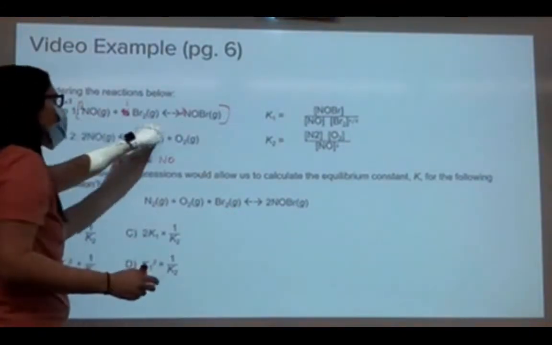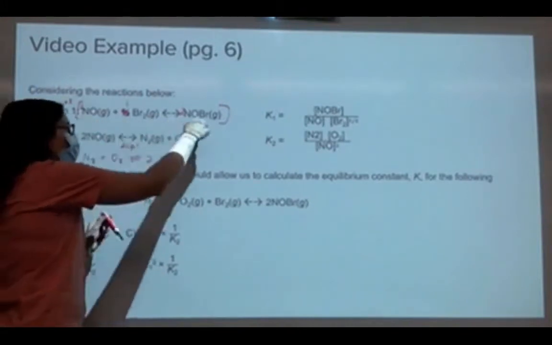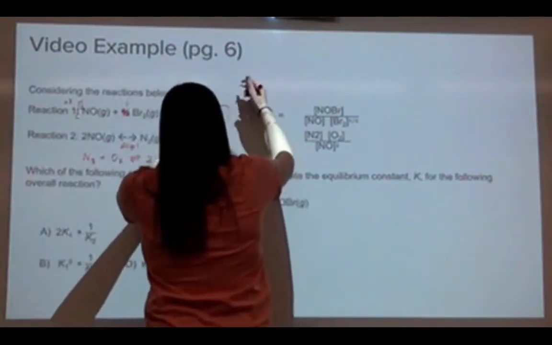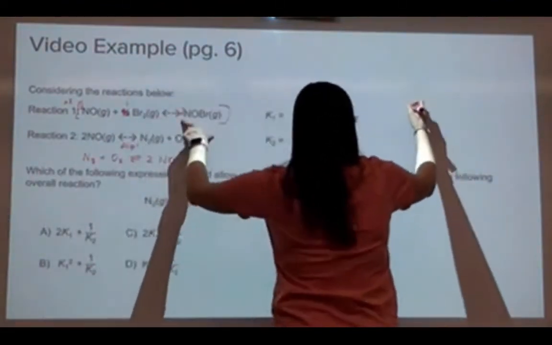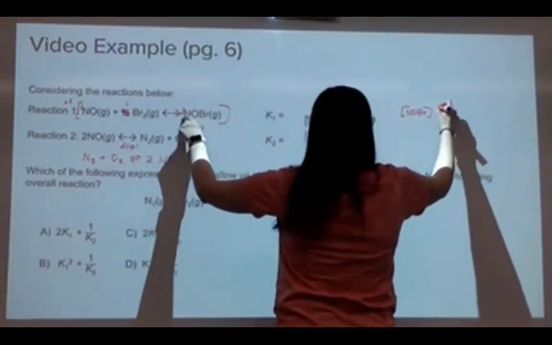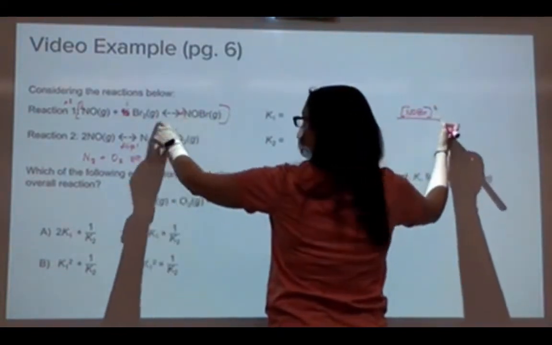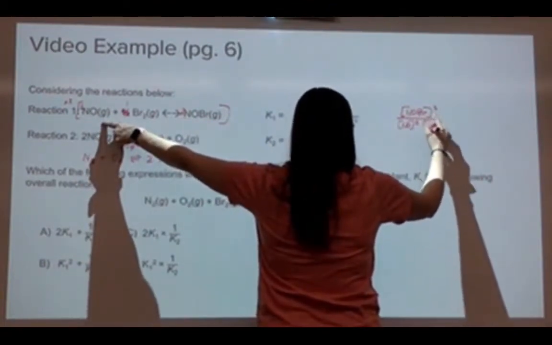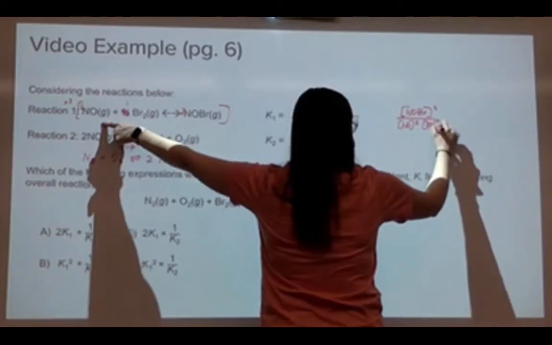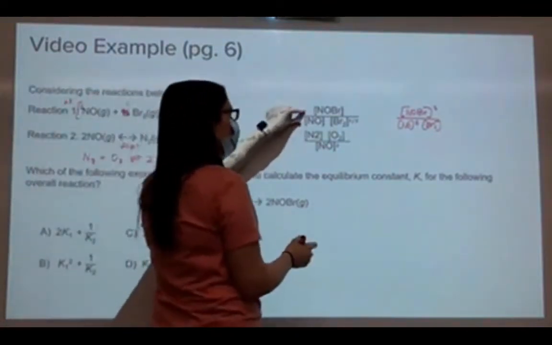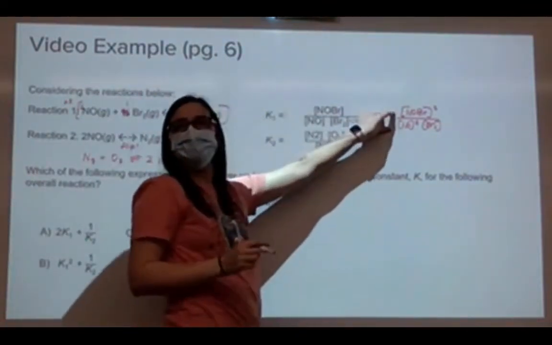If I write this new equilibrium constant expression, I'm going to have the concentration of NOBr squared over the concentration of NO squared times the concentration of Br2. Look at how these are different. Here was my original. Here's what happens when I multiply the reaction by 2.